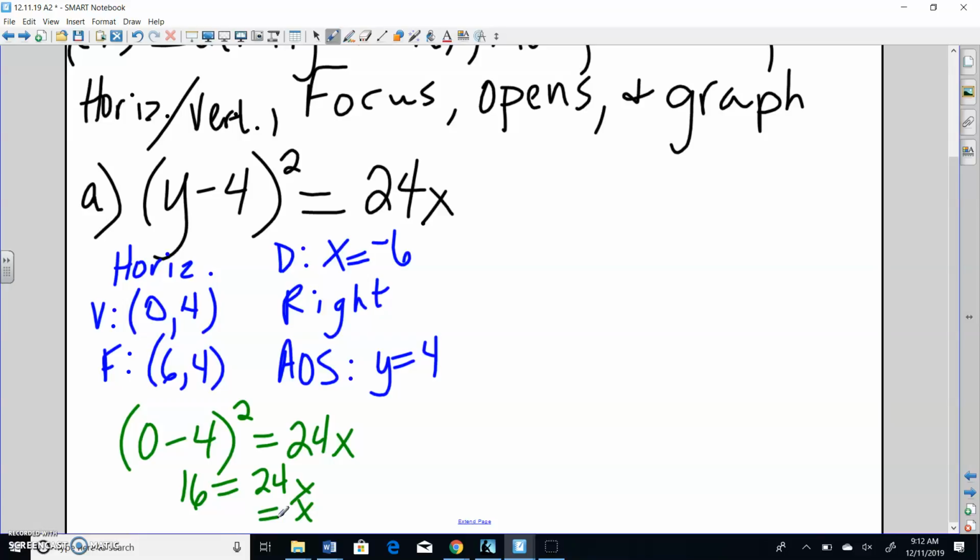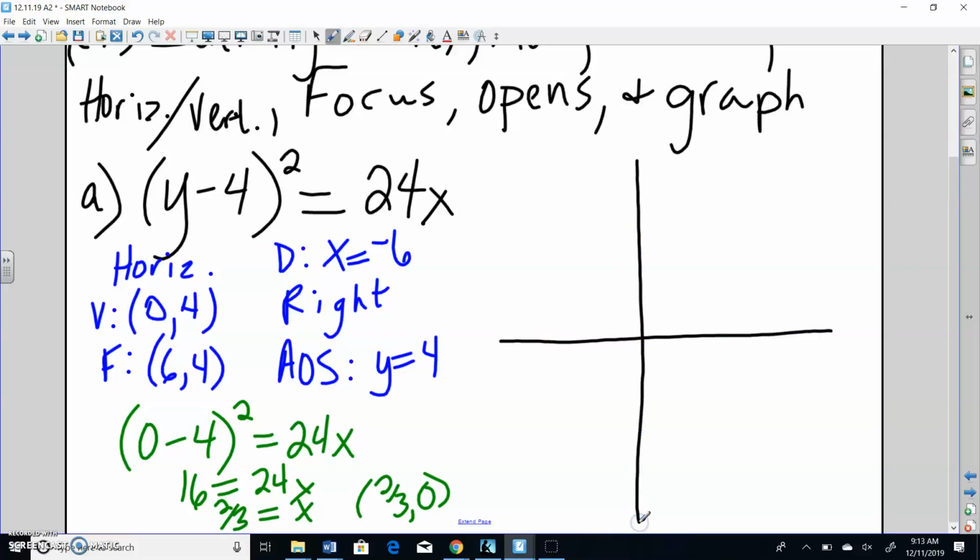Both divisible by 8, 2/3. So this is the point (2/3, 0). Now let's graph, because that's going to give us another point to graph.